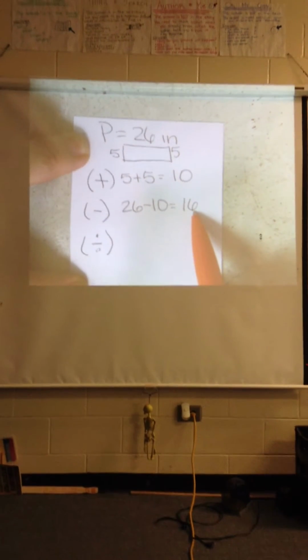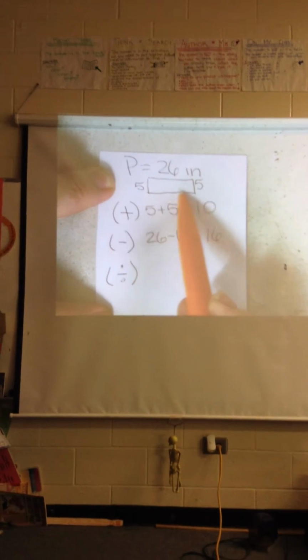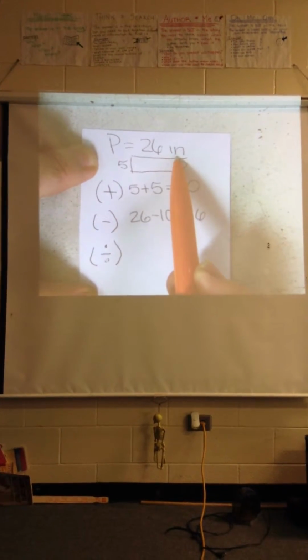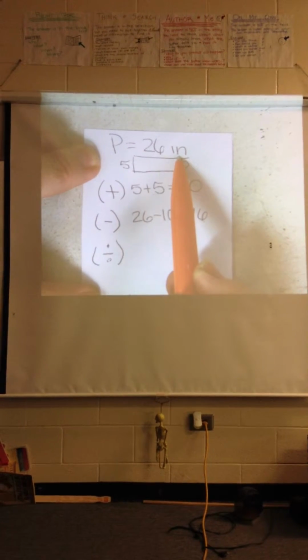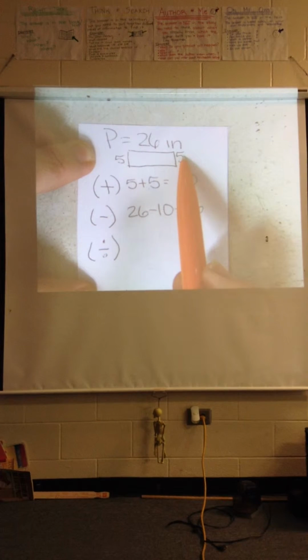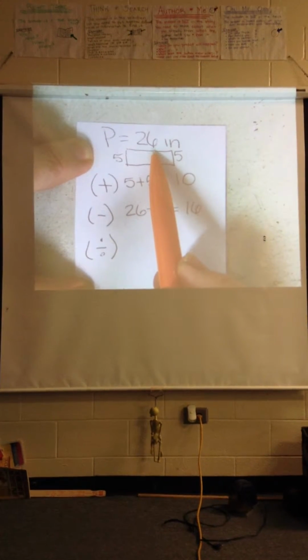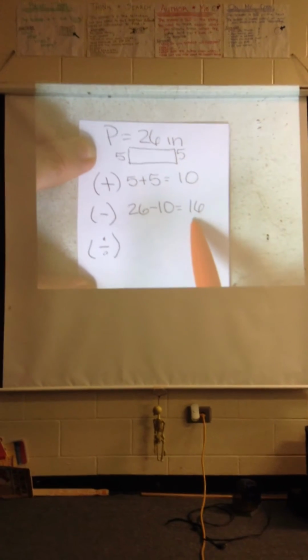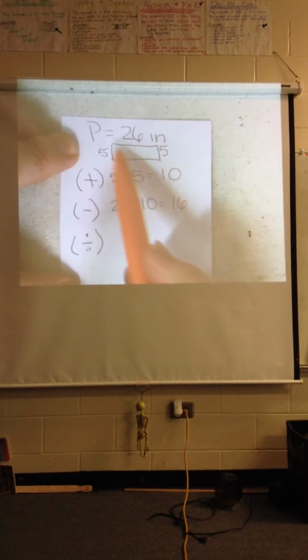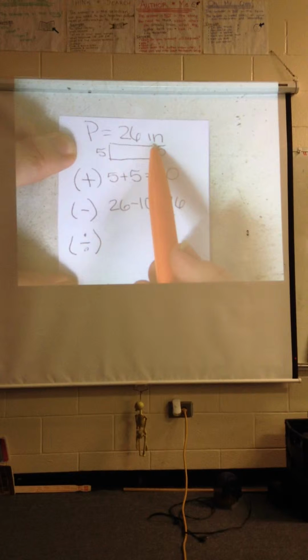That 16 tells me that this side and this side add up together to equal 16. Let me repeat that. I know that opposite sides are equal on a rectangle. And I know that 16 is the total for these two sides together.